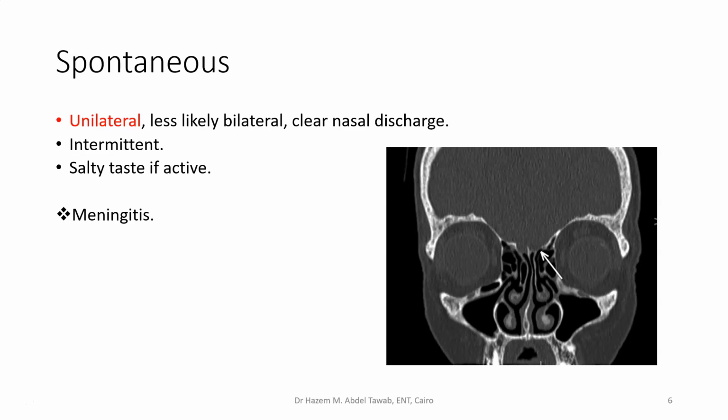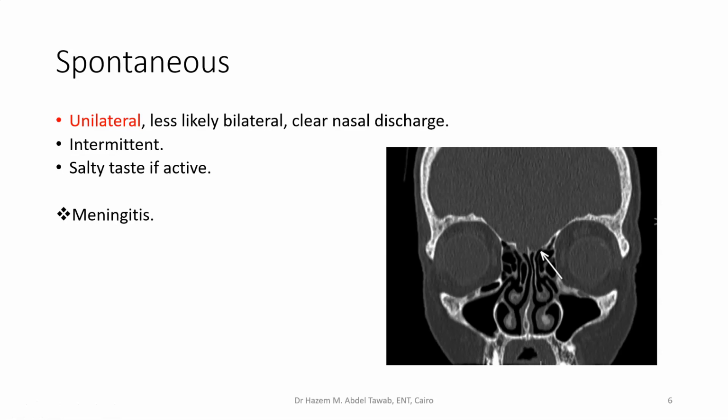So the patient comes to you saying that I have unilateral clear nasal discharge, intermittent, sometimes I have it, sometimes not. The presentation usually becomes unilateral, as I have said, which raises our suspicion. If that leak is continuous, usually the patient will tell you that he's having a salty taste according to its content.